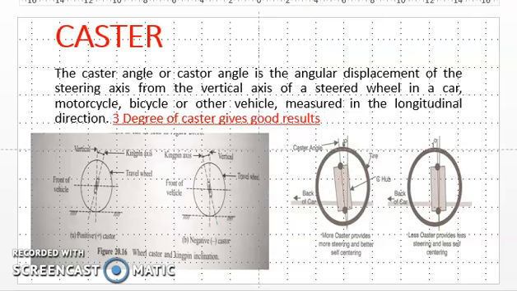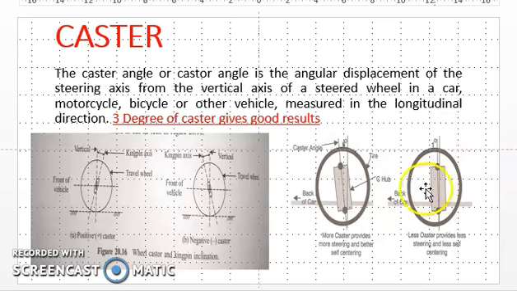Again we will read: the caster angle is the angular displacement of the steering axis from the vertical axis of a steered wheel in a car, motorcycle, bicycle or other vehicle, measured in the longitudinal direction. It gives good results when it is about 3 degrees.